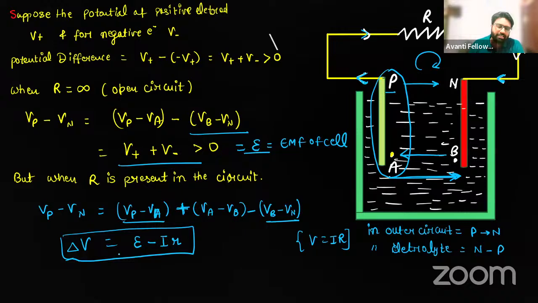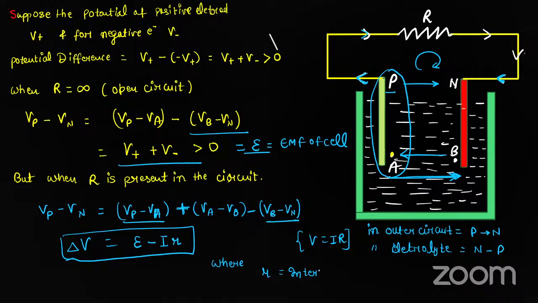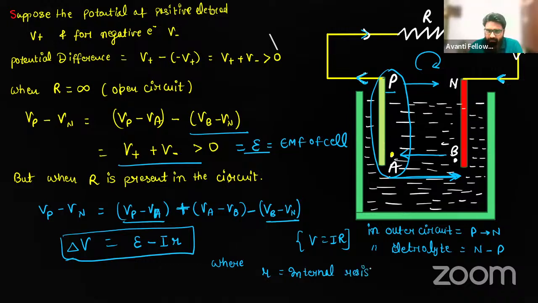So the potential difference across the battery is given by epsilon minus I into r, ठीक है, where small r is what? Internal resistance of the battery or the cell. Internal resistance of cell. Clear है?